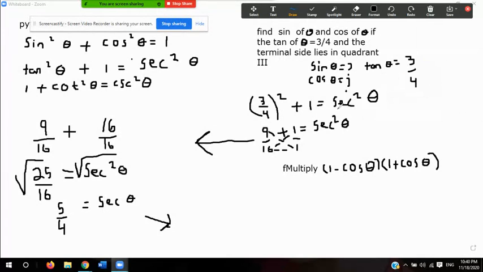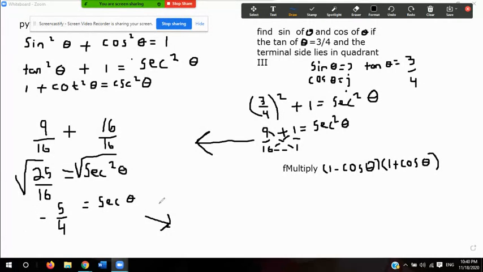The only positive function in quadrant 3 is the tangent, which is already being given to me, which means that this secant is not positive. So my answer here is not positive 5 over 4, but it is negative 5 over 4.